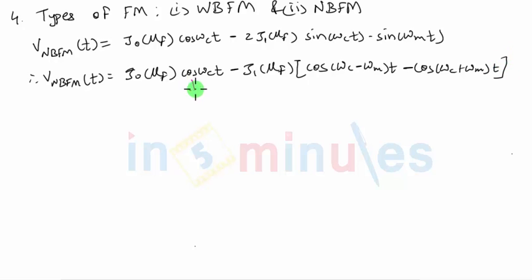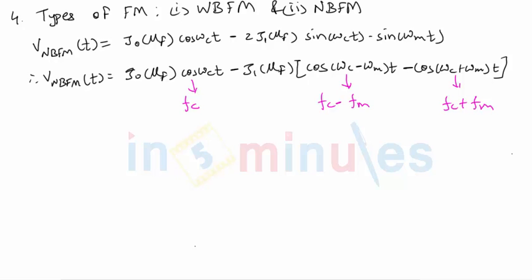So if you now observe, the first term represents the frequency fc, this represents frequency fc minus fm, and this represents frequency fc plus fm. So even if we had a practical modulating signal, instead of having discrete frequencies, we will have a frequency band that will go from fc to fc plus fm, which we will be calling first upper sideband, and fc to fc minus fm we will be calling first lower sideband.